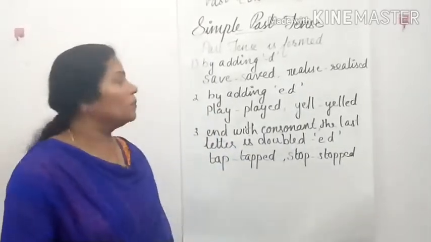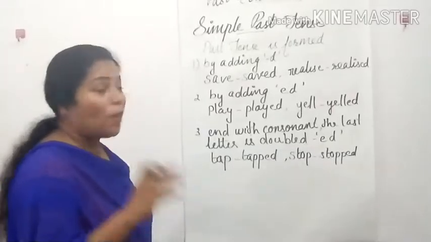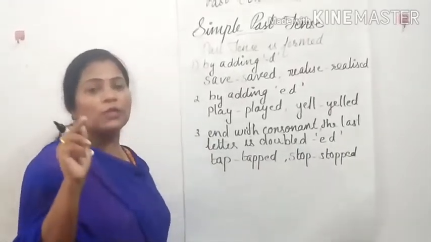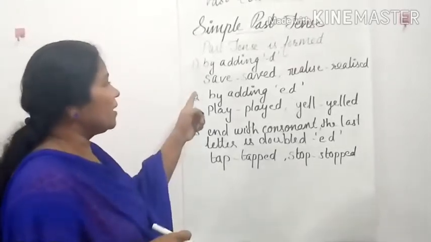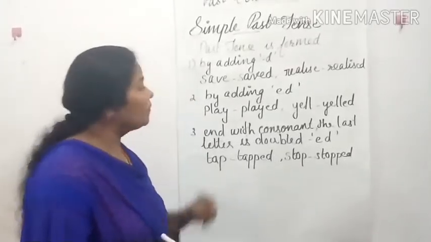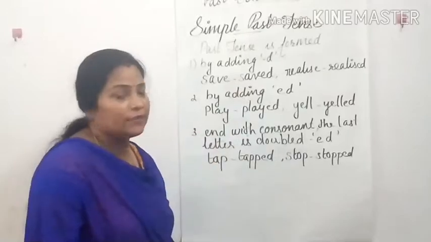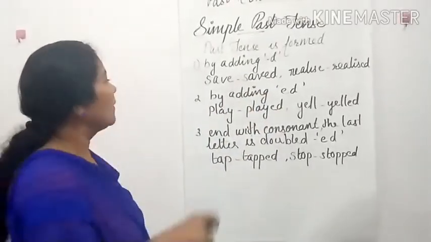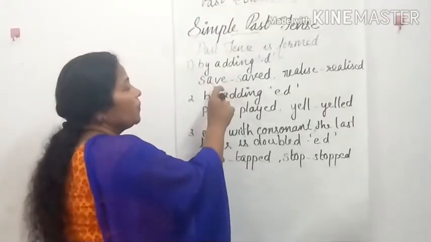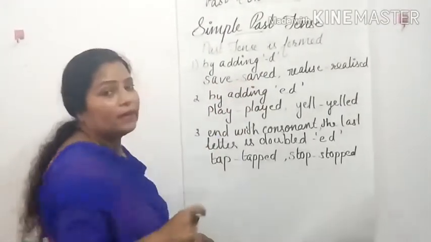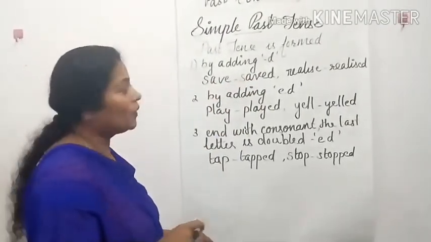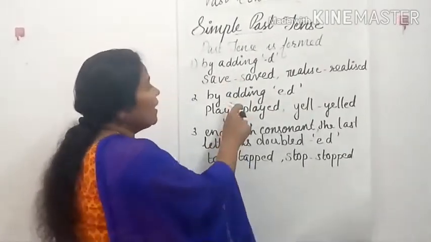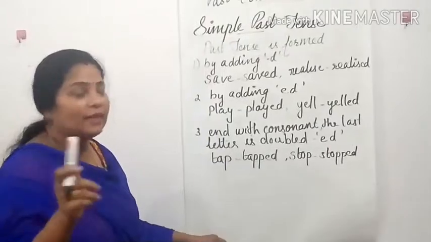The first one, that is, past tense is formed by adding D to the verb. For example, save is changed to saved. Realize is changed to realized. Now, here with the verb we just added D to it. That is, it's ending in E. Then we have adding ED.